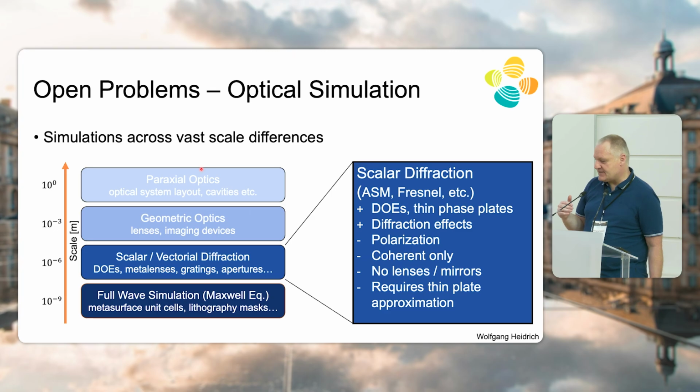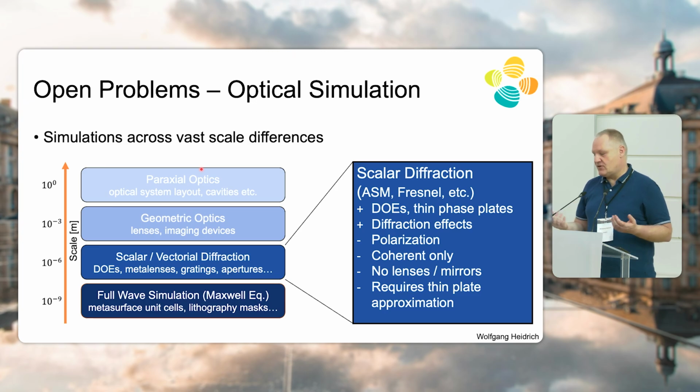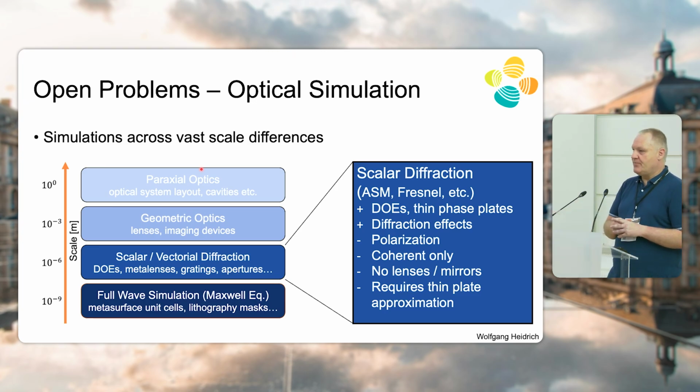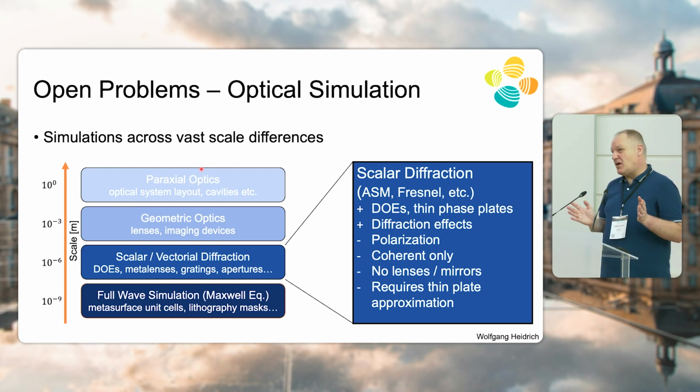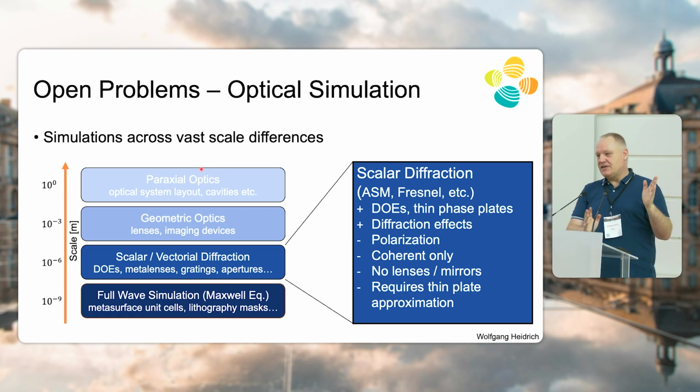Which is a simplifying assumption, but if the simplifying assumption is valid, you have accurate diffraction models. With scalar diffraction, you don't have polarization. That can be a problem because actually, if you bend light a lot, you automatically always get polarization effects as well.